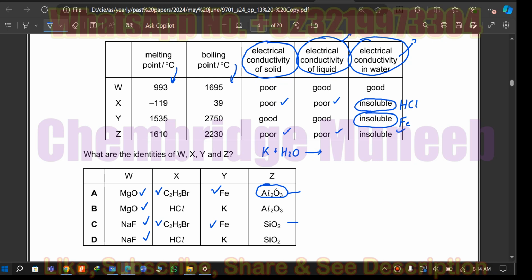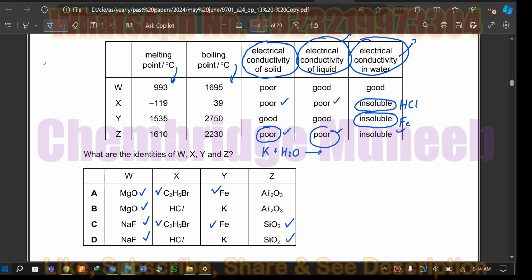Sorry, in other words, the third column says electrical conductivity in solid form and in liquid form is poor, which means it is silicon oxide, which is not showing electrical conductivity even in its liquid form, and it is also poor in case of solid, and also it is insoluble in water. So the correct option in the last column becomes the silicon dioxide.